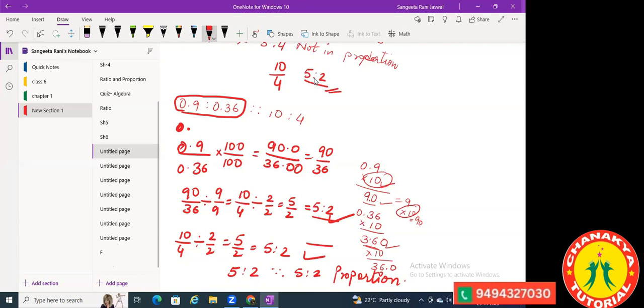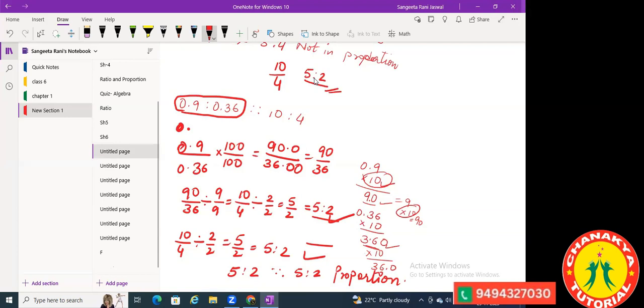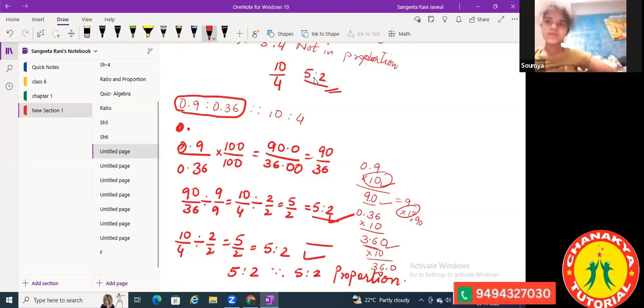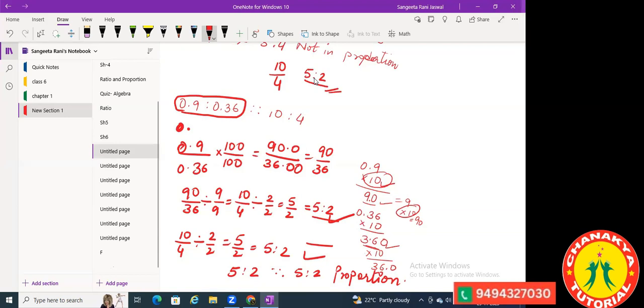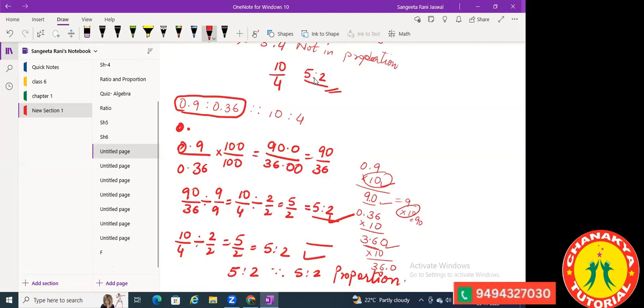Do you agree? Yes, ma'am. In the denominator, see here the decimal point was after two places. Can you see? Yes, ma'am. So when I multiply with 100, now my decimal point will again be after two places. So when I put my decimal points in the right place, I got 90.0 and 36.00.